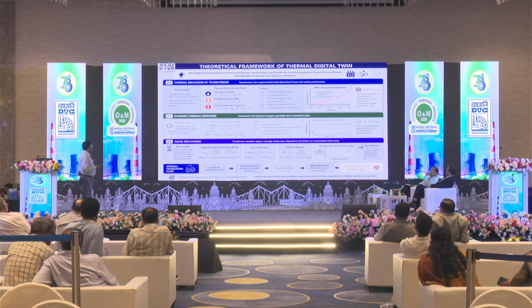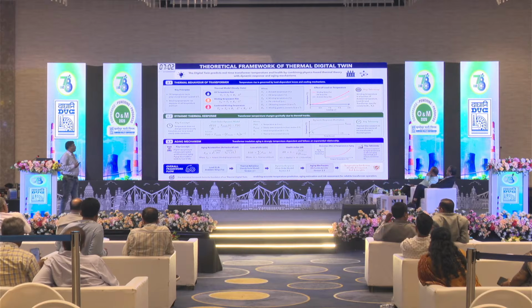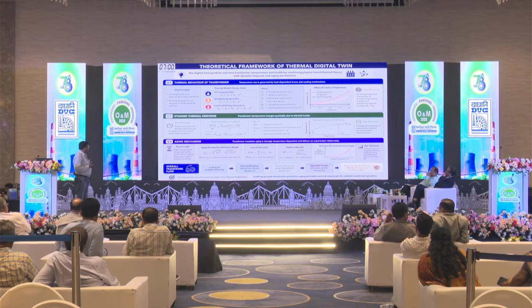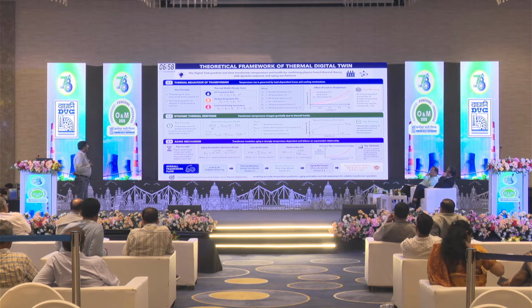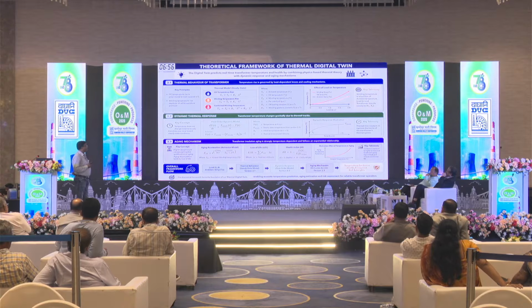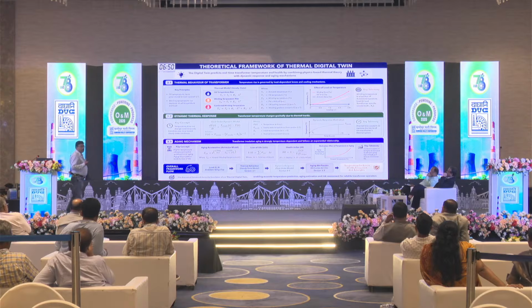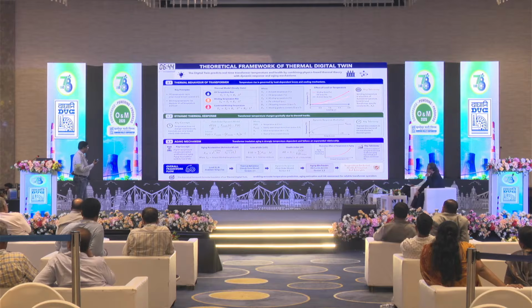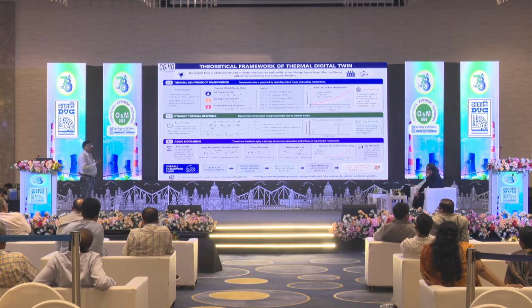Now I am directly coming to the architecture and modeling of my model. Actually, I have developed many layers in this DT engine. The first layer is the physics-based layer, which captures the thermal behavior of the transformer. In it, we have a mathematical equation to capture all the thermal properties, like winding temperature will depend on the oil temperature plus load square into K2.